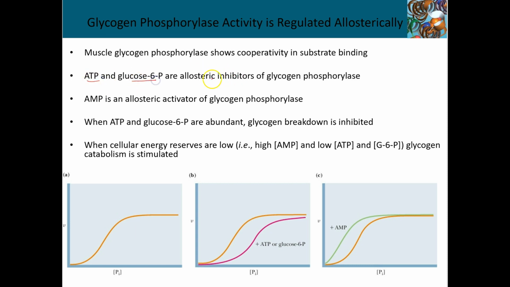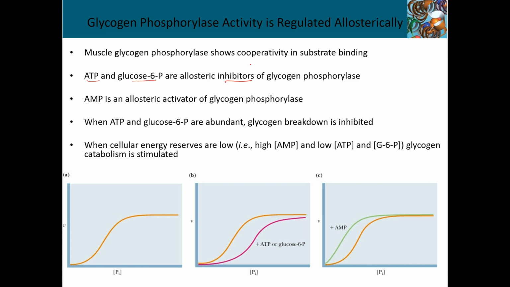And that metabolically makes sense because the action of glycogen phosphorylase is to cleave units of glucose 1-phosphate so that we have this newly liberated source of energy.